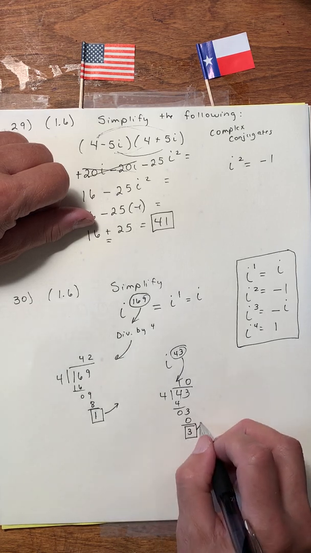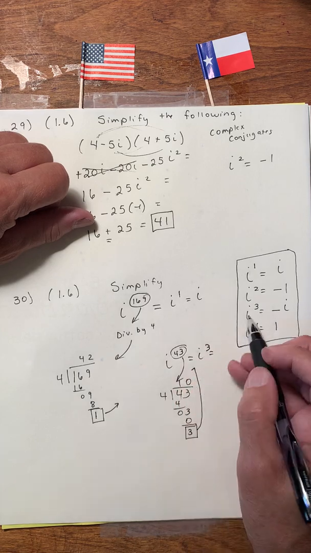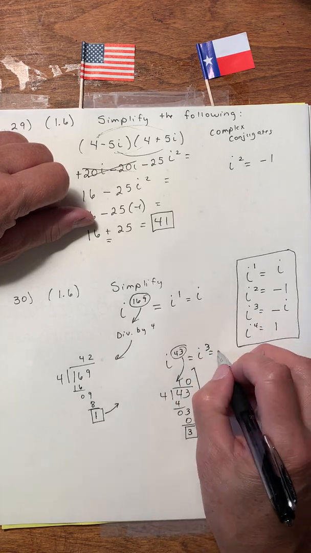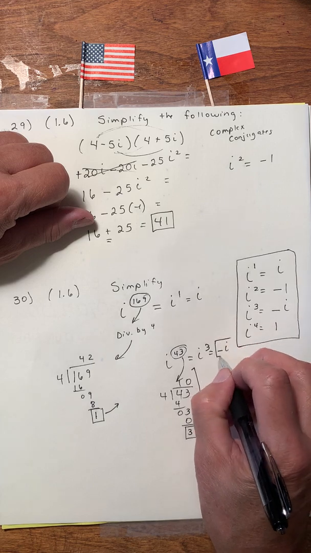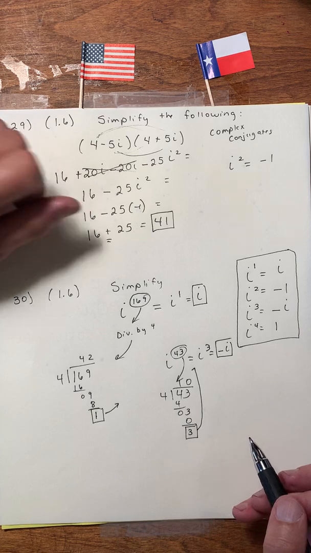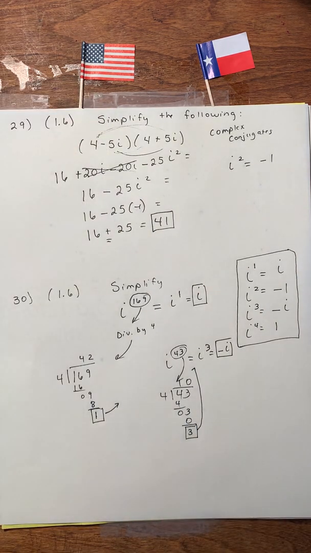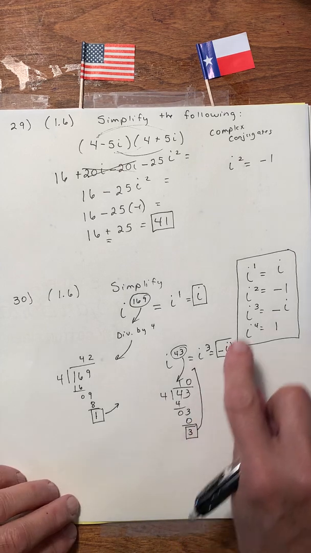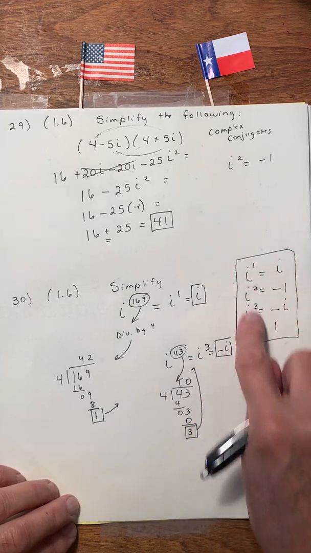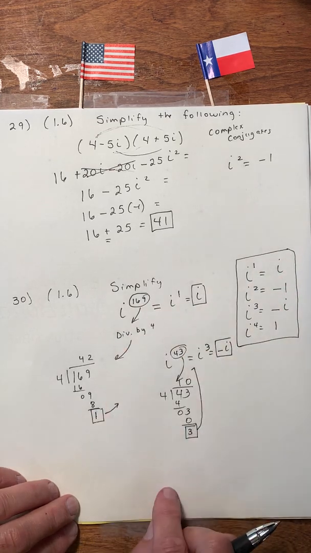That tells me that i to the 43rd is the same as i to the 3rd. i to the 3rd is negative i. Negative i is my answer. You getting this? So whatever the remainder is, that's the equivalent. And these are the only 4 possibilities.